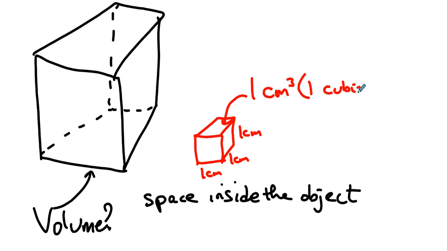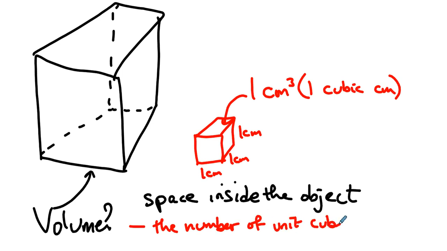It's a cube and it's 1 centimeter on a side. Volume is the number of unit cubes that can fit inside the object.